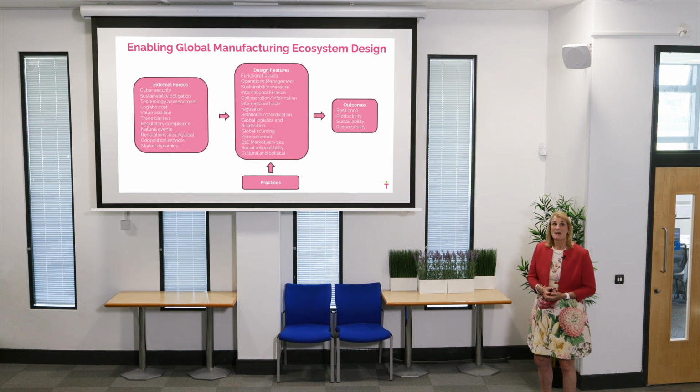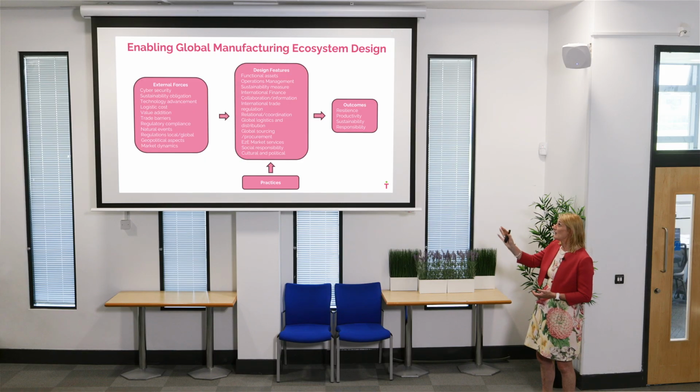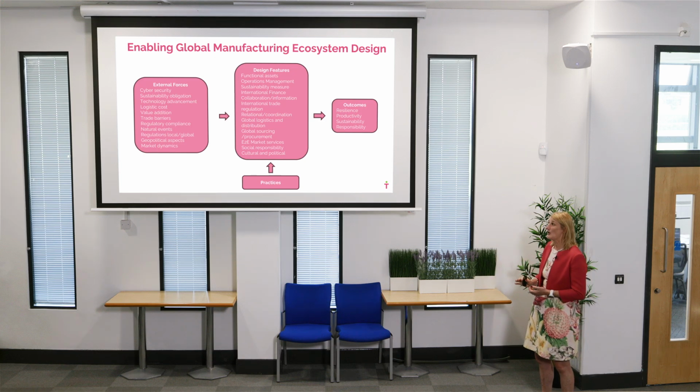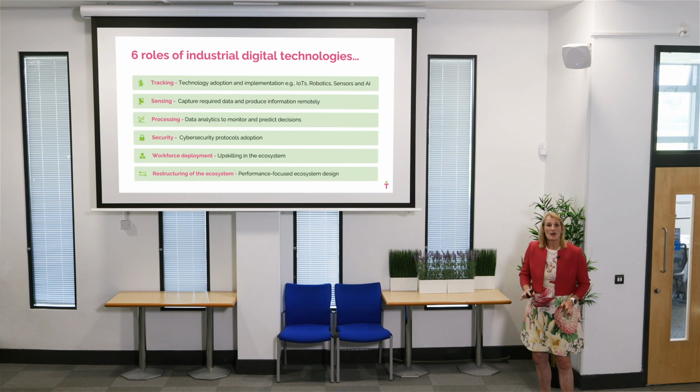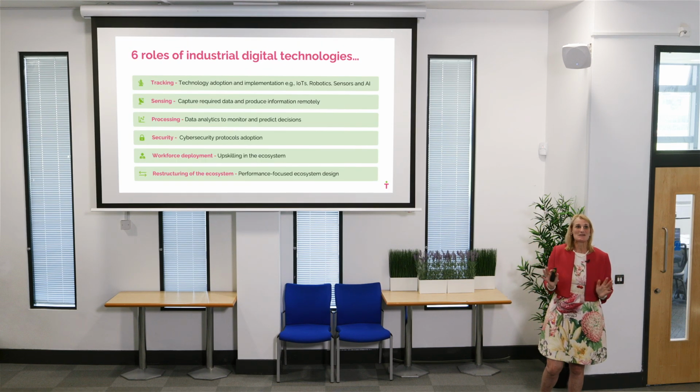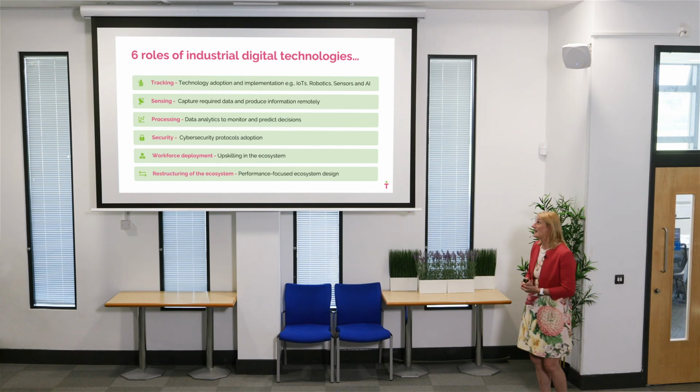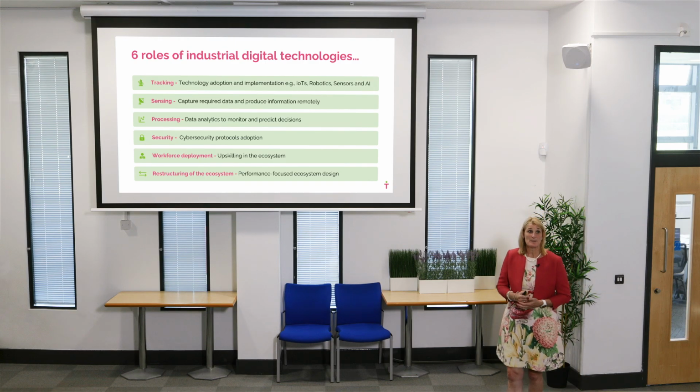You're going to do that by understanding how you adapt your design in response to those external forces, and how you develop the right operational practices and use digital technologies to support those. Now, there are thousands, millions of different digital technologies out there that can serve a range of different purposes.